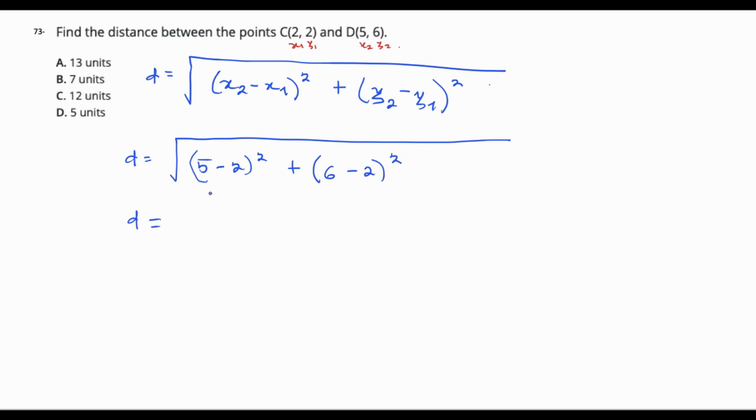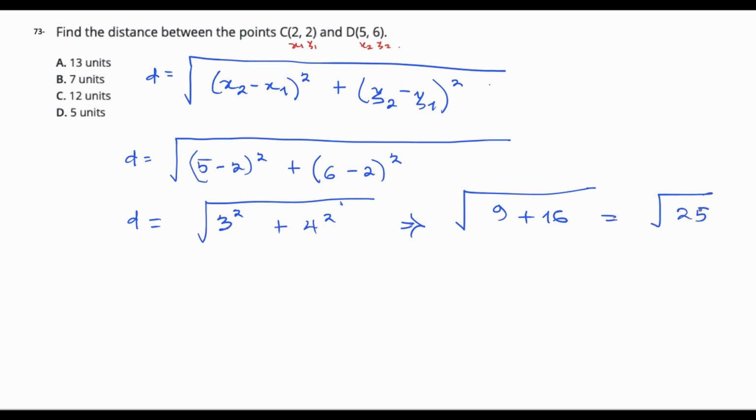So d equals 5 minus 2 is 3 squared, plus 6 minus 2 is 4 squared, square root. So this is the square root of 9 plus 16, which is the square root of 25. So the distance is equal to 5 units. So the answer here is D.